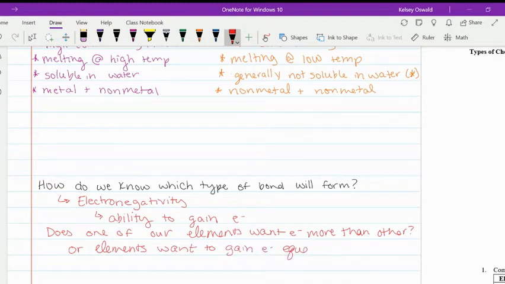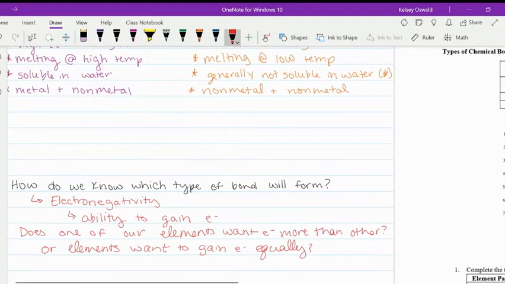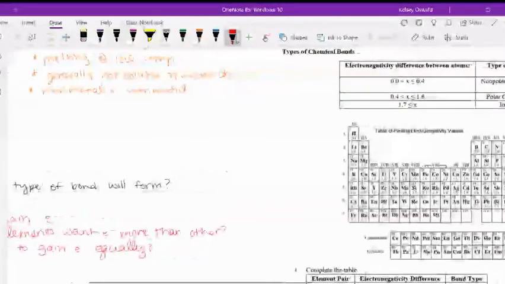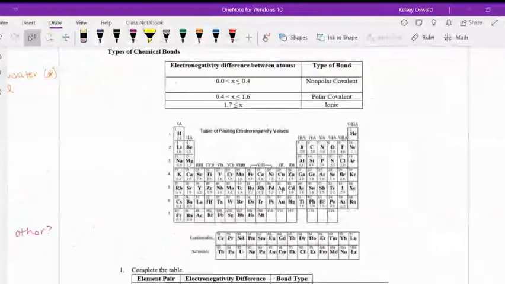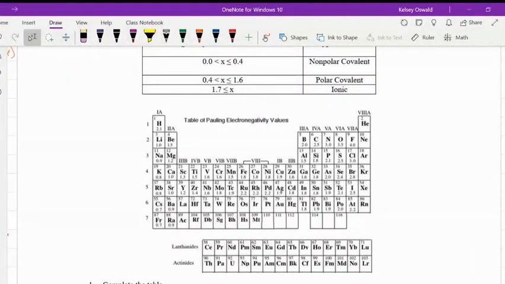Okay, so in this tug of war, is it going to be a tie, or are we going to have a clear winner? If we come over to the periodic table, and think back to last unit, we can see our electronegativity values for our elements right here at the bottom.